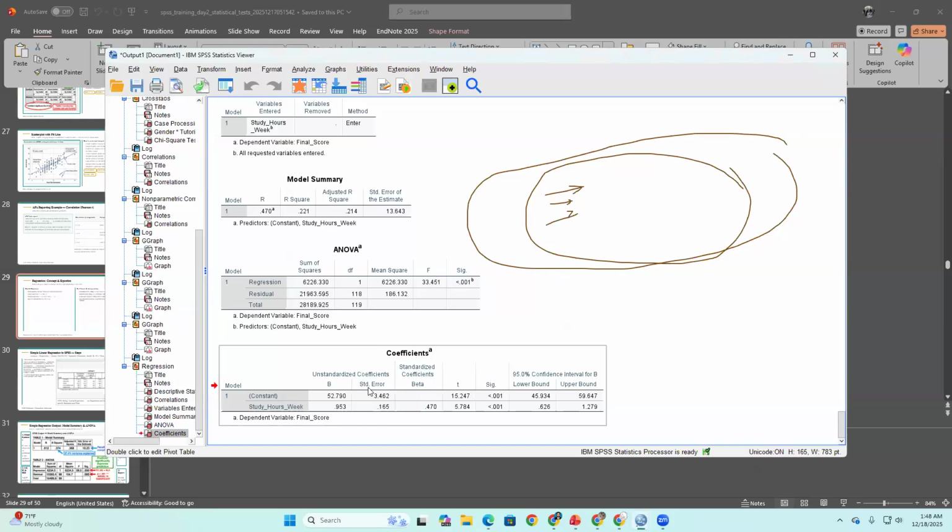So can someone write the equation based on that? I'm waiting for some of your answers. We have our equation. Keep that in mind.